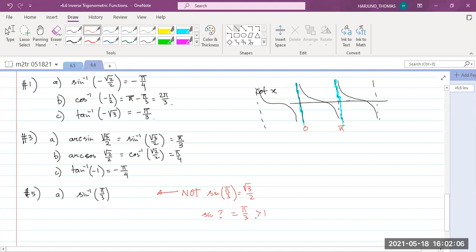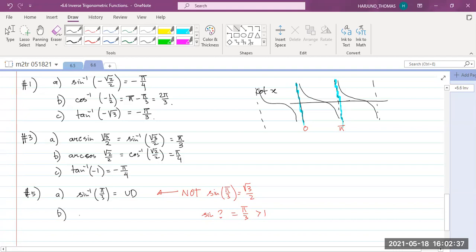But pi over 3 is greater than 1. So there's no such angle. Undefined. There's no angle such that the sine of that angle is greater than 1.